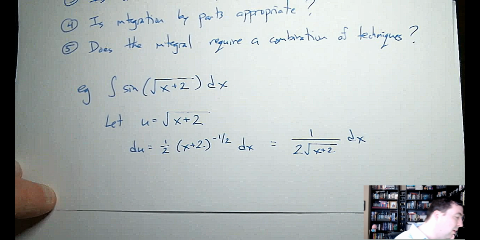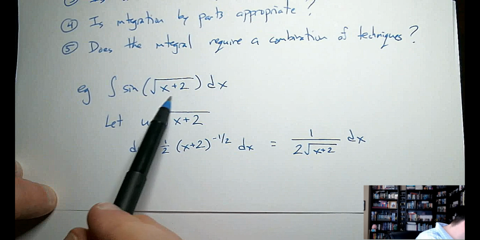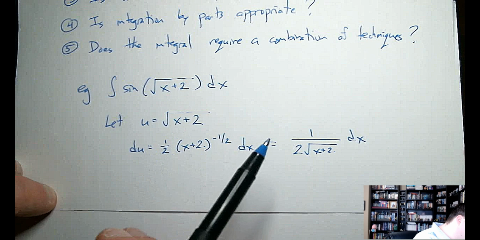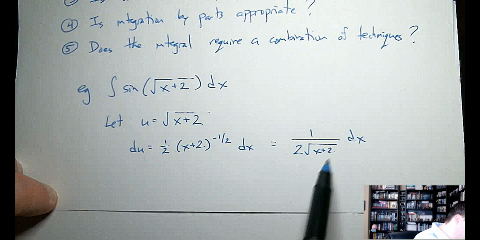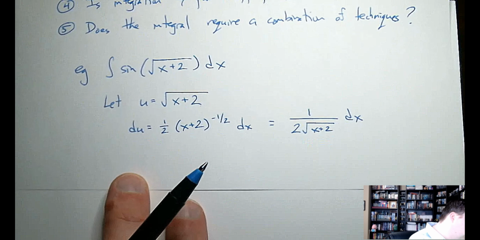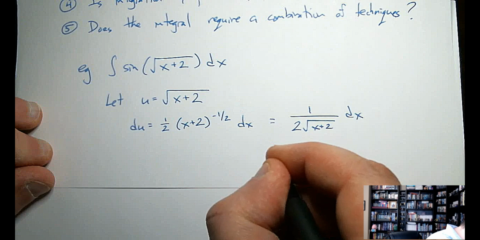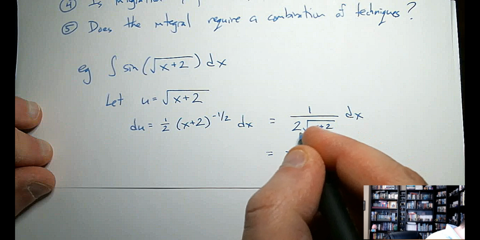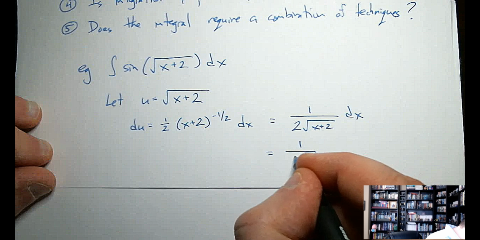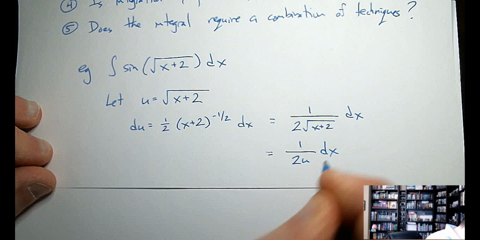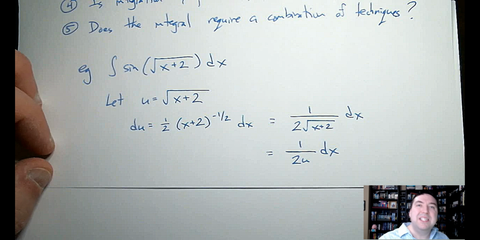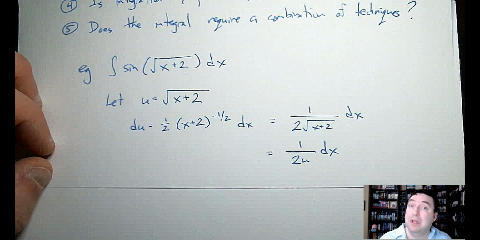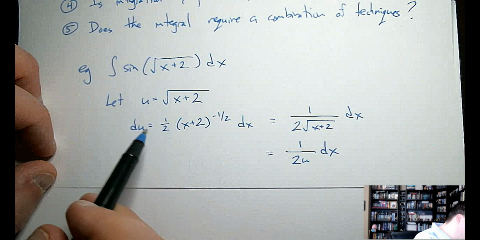But that seems problematic, except that's our u. So if du is 1 over 2 root x plus 2 dx, that means it's also equal to 1 over 2u dx. And remember, our whole goal here is to find an expression for the differential dx in terms of u.